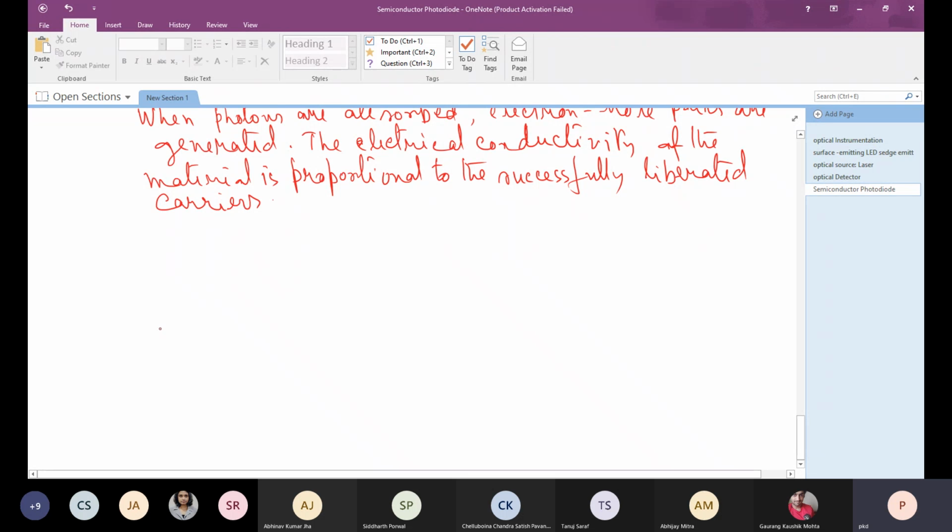So the pair production rate, say R, per volume is eta phi, where phi is the photon flux, divided by WA.